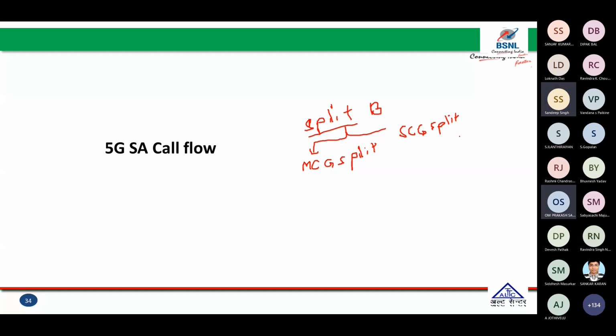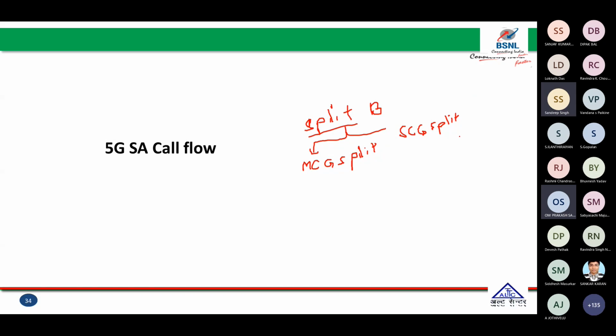When the data split happens at the PDCP layer of the gNodeB, that is known as the SCG split bearer. When the data split happens at the eNodeB side, at the PDCP layer, it is known as the MCG split bearer.